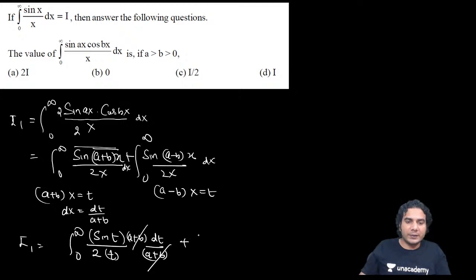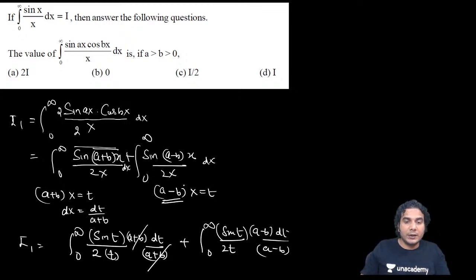Similarly here also the same thing is going to happen. It is sine of t upon 2t, and it will be a minus b in place of a plus b, and dt upon a minus b, and the limits will remain the same, okay? A is greater than b. In this case also you can see when x is approaching infinity, t will approach infinity only. So limits are going to be the same. When x is 0, t will be 0.